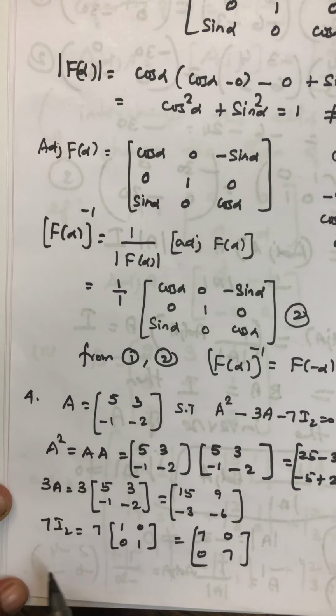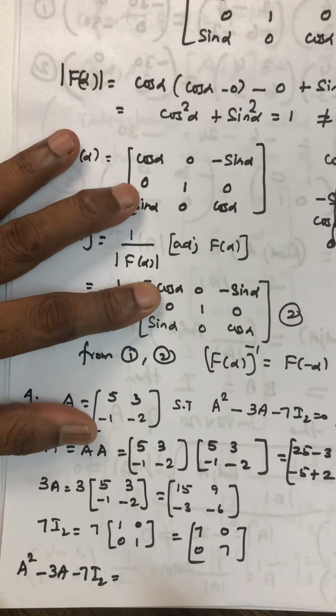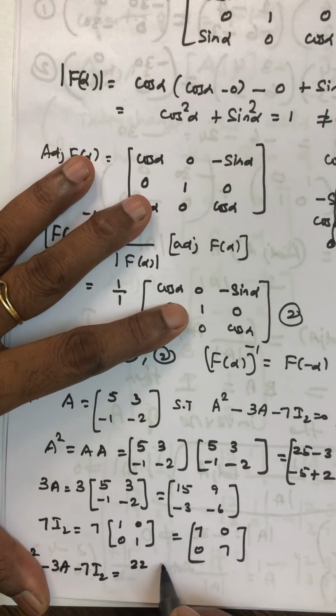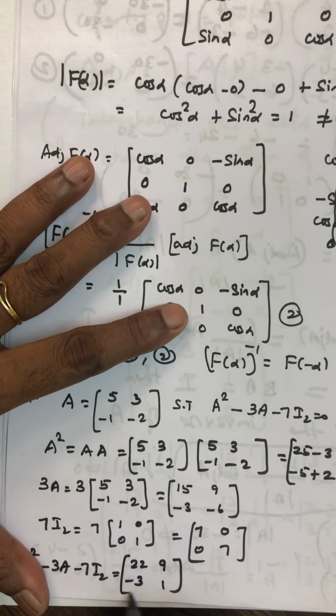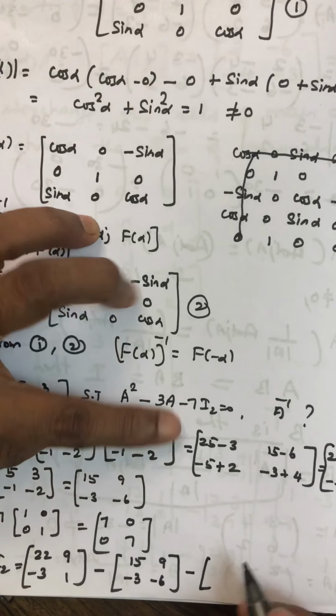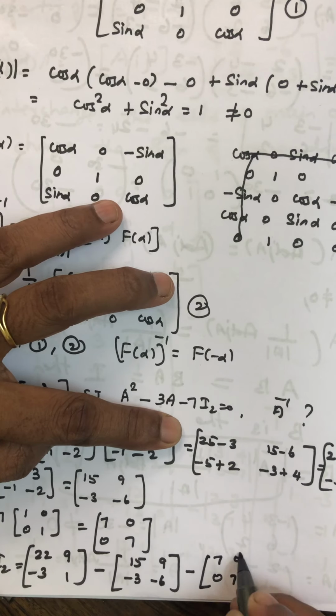Look at this. So now I write A square minus 3A minus 7I2. So A square matrix already I have, 22, 9, minus 3, 1. Minus 3A matrix is 15, 9, minus 3, minus 6. Minus 7, 0, 0, 7.